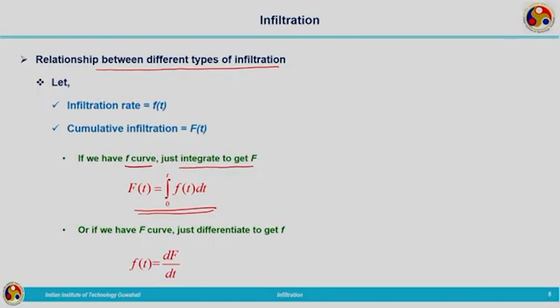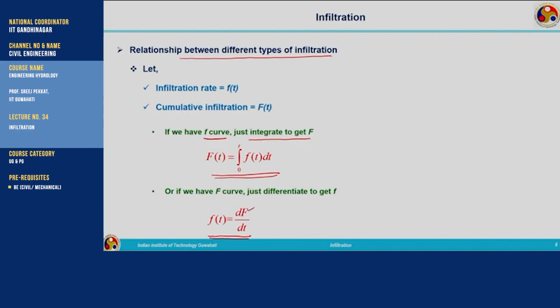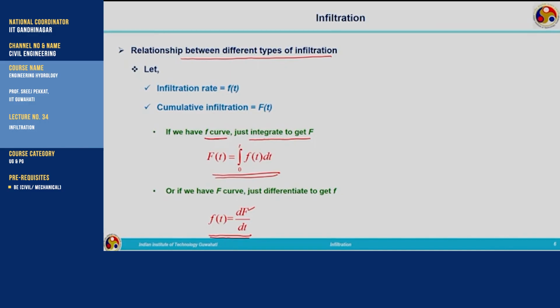So, small f of t, the infiltration rate, can be obtained by differentiating the cumulative infiltration curve, that is, f equals dF by dt. This is the relationship. If the infiltration rate is available, you can get the cumulative infiltration by integrating it over that period of time. And if the cumulative infiltration is available, you can differentiate that curve to get the infiltration rate.